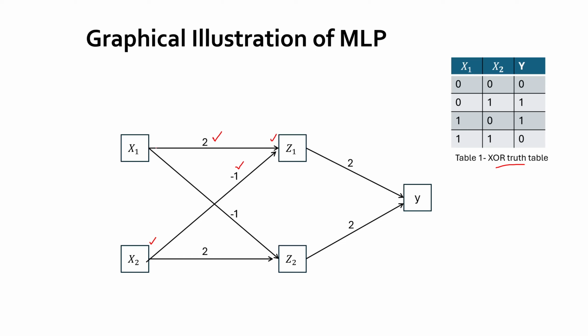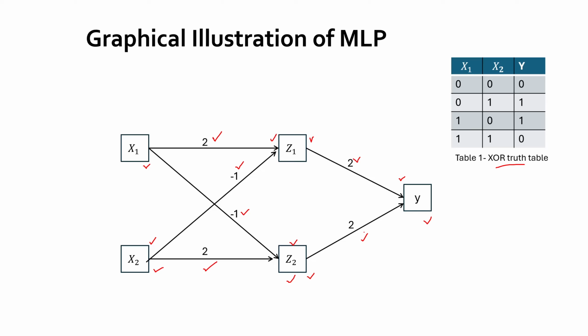The weight associated with the connection going from x1 to z2 is -1. The weight associated with the connection going from x2 to z2 is 2. The weight associated with the connection going from z1 to y is 2, and the weight associated with the connection going from z2 to y is 2.